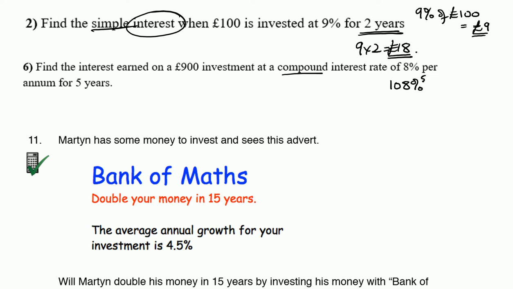So there's my power of 5. Times 900. 1.08 to the power of 5 times 900 will give me the total value of the investment. And that is £1,322.40.